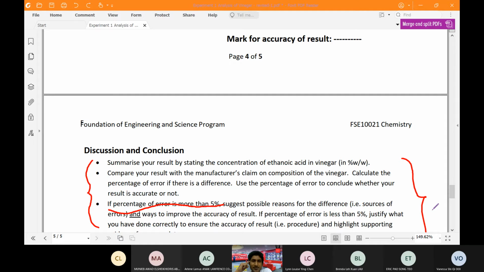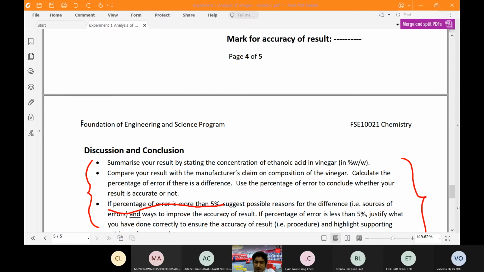Is it clear? I'm not going to repeat it again and again, but you must know that you submit the lab report for one experiment. Like if experiment 1 is done today, you have to submit it before we have the next session for experiment 2. By that time, you should submit the previous lab experiment.